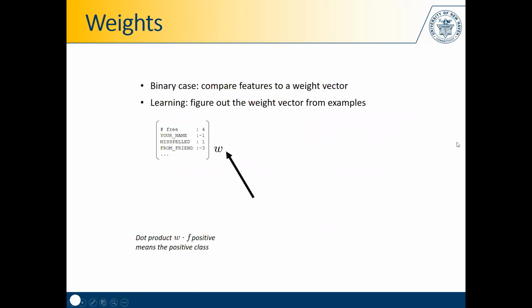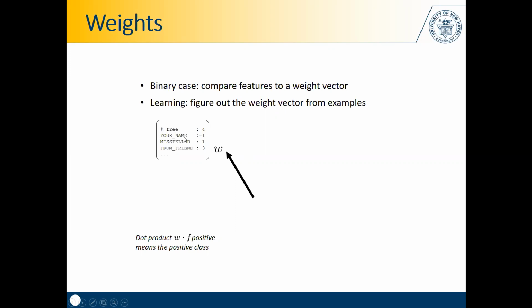Now, let's talk about weights. In the binary case, we are essentially comparing features to a weight vector. What does that mean? Let's say we have this weight vector here. The number of times the word free has occurred gets a weight of 4.